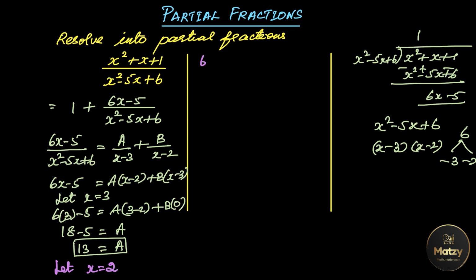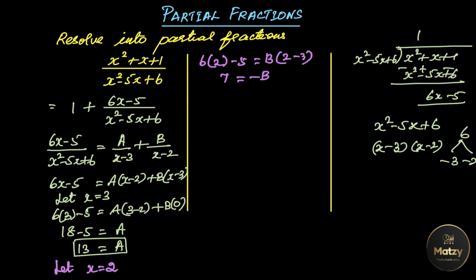So 6 times 2 minus 5 equals, the A term will be 0 because A(2 - 2) is 0. So B gets (2 - 3). 6 times 2 is 12, 12 - 5 is 7, so 7 = -B.